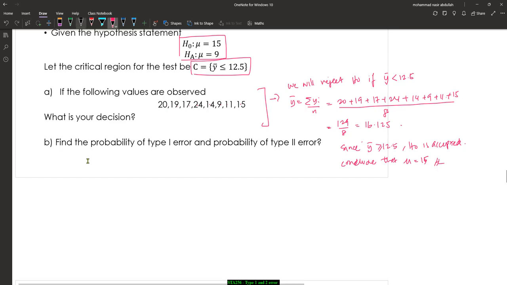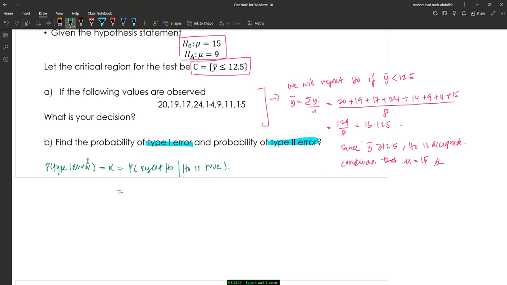So now the question asks us to find the probability of type 1 error and type 2 error. Right? So let's do it one by one. Probability of type 1 error, which is equal to alpha, equal to the probability of rejecting the null hypothesis when the null hypothesis is true.